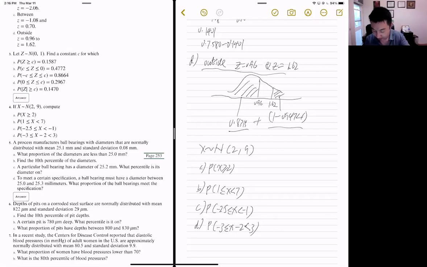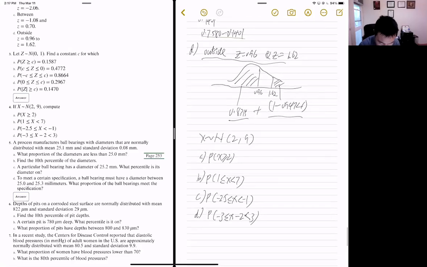Again, we use the table. But before we do that, we need to calculate the z-value. The z-value can be calculated based on the equation. Okay. So z is equal to x minus mu, over sigma.